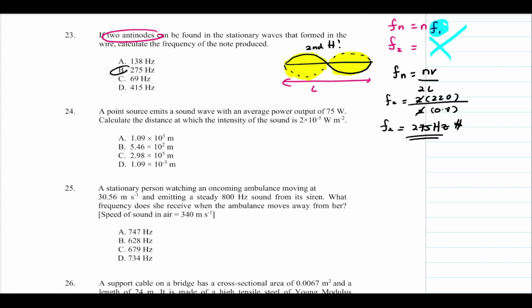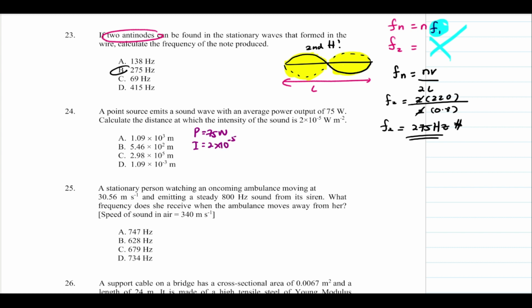Okay. Alright, question number 24. So we are given the power output of a source of sound wave. Okay, so kita keluarkan semua maklumat dia. And then calculate the distance at which the intensity of the sound is 2 times 10 power of negative 5. So intensity is also given.